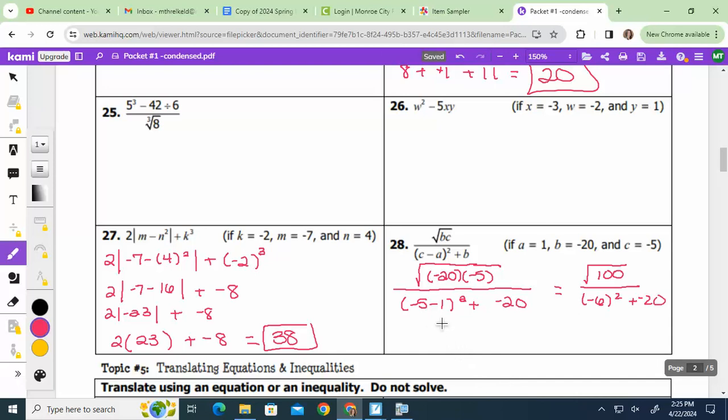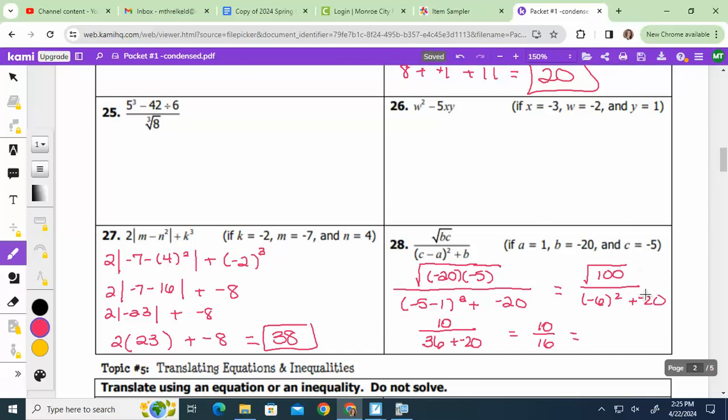What is the square root of 100? 10. Negative 6 squared is 36. So we get 10 over 16, and that reduces, doesn't it?